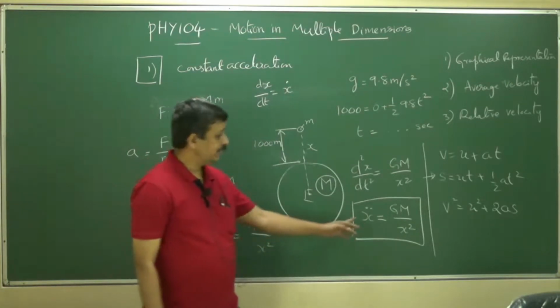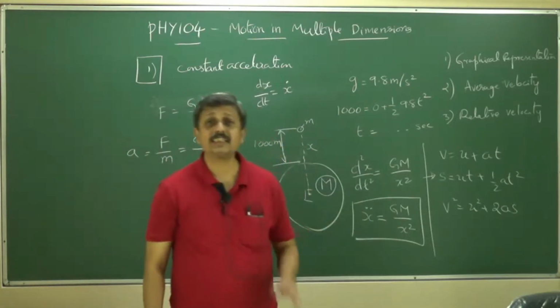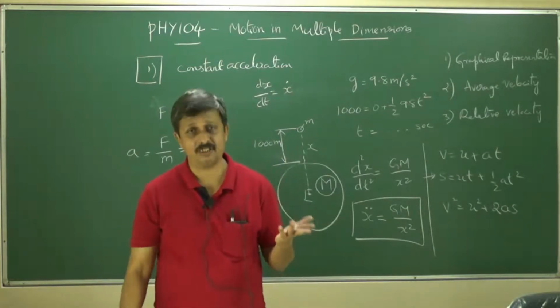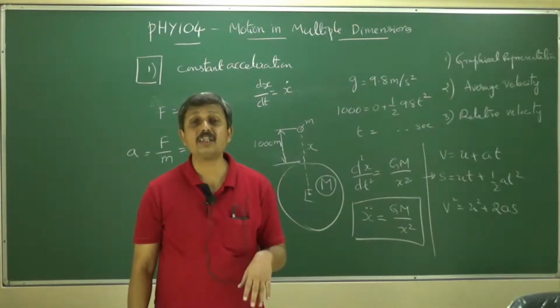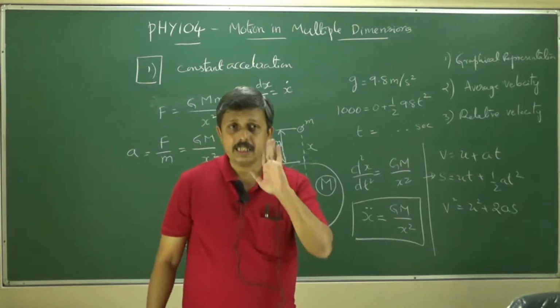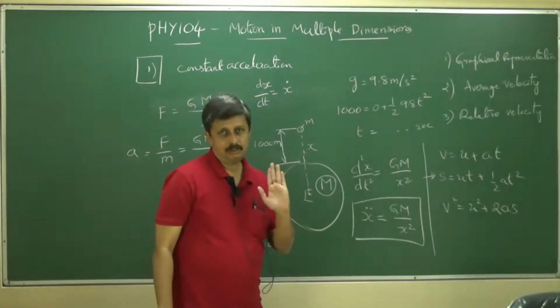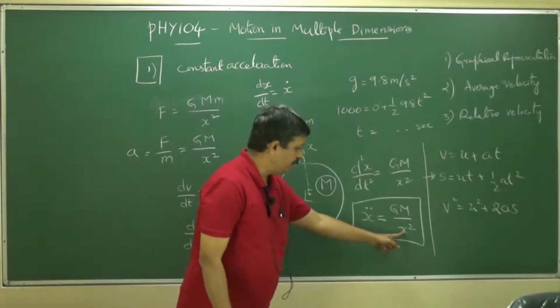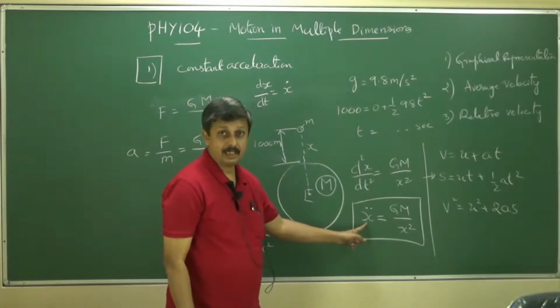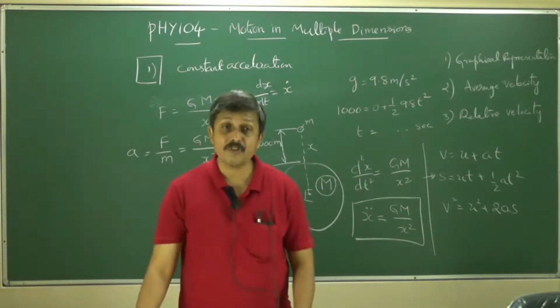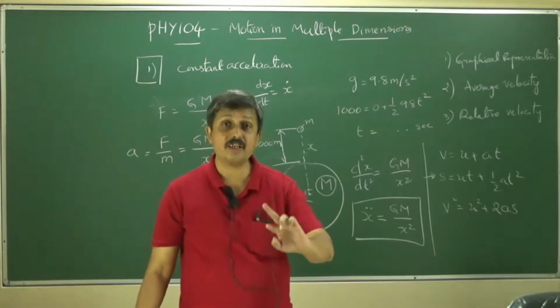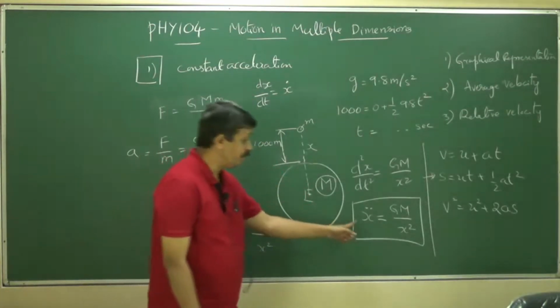So x double dot is equal to GM by x square is called a differential equation. Why is it called a differential equation? Because there is one variable x here, but it is not the equation of that variable. It is the equation of the derivative of that variable.